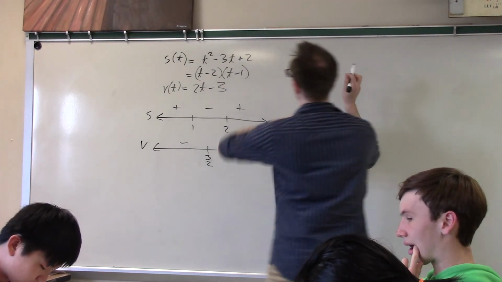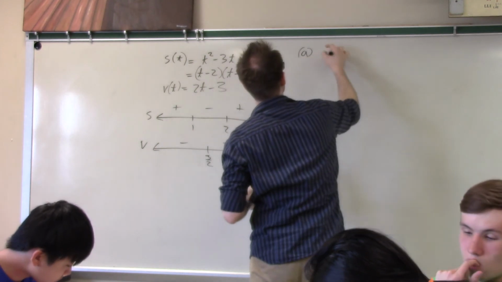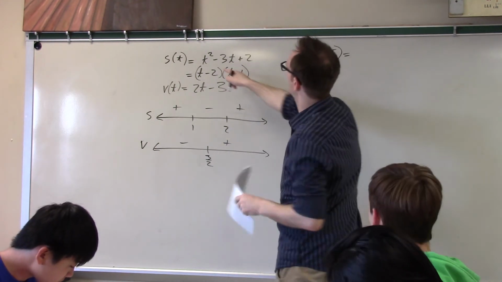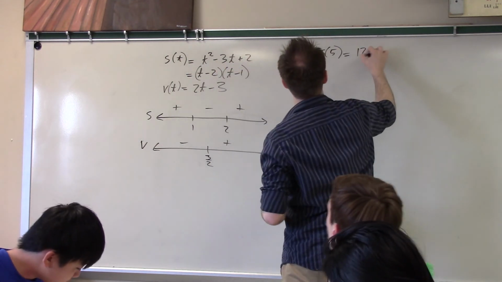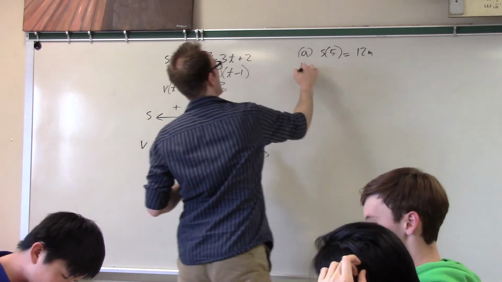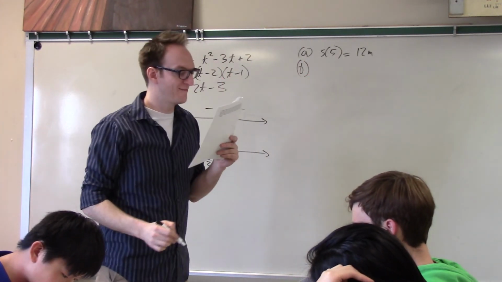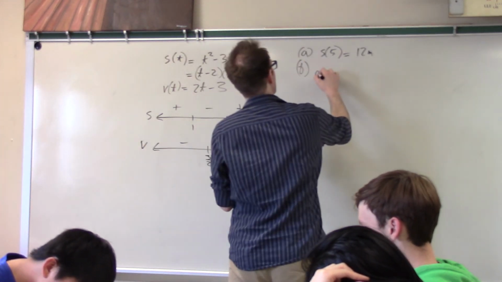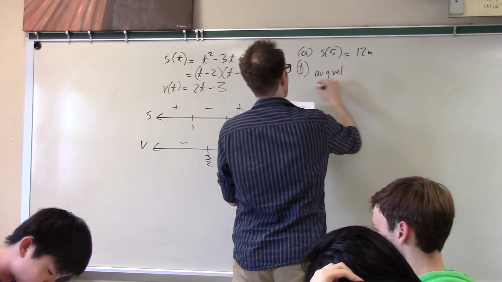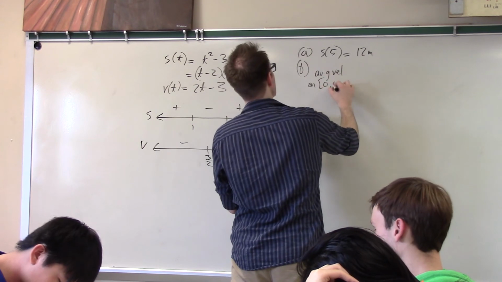Alright, find the position at time 5 seconds. So basically just saying, where am I at time 5? Answer, I just plugged 5 in here, I get 25 minus 15 plus 2, I get 12, and the answer is 12 meters. I think we're doing meters and seconds, right? Yeah. Okay, part B, find the average velocity on the interval 0 to 5.